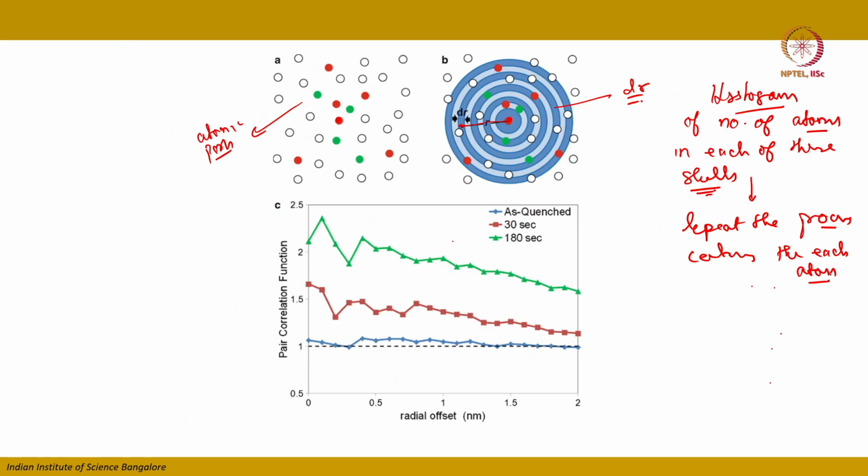This histogram plots the number of atoms in each shell, and this process is repeated for every atom in the data set.